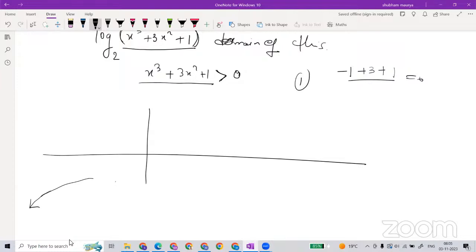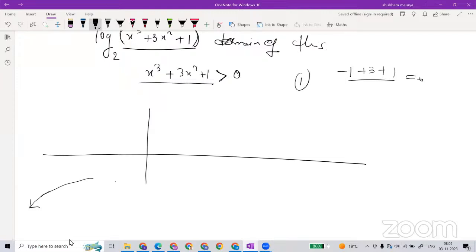Anyone? What is going to be the graph of the function? It's a cubic polynomial. Towards positive infinity, the y value will become positive infinity.